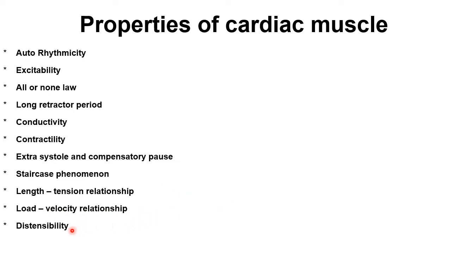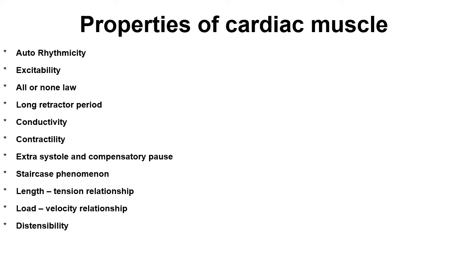Last but not the least, the distensibility of the cardiac myocyte. These are the characteristic features of the cardiac myocyte, or in other words, the properties of cardiac muscle, which are the unique features of the cardiac myocyte.